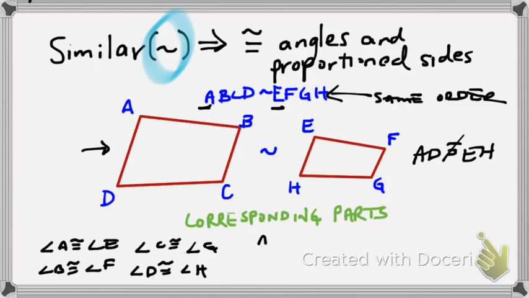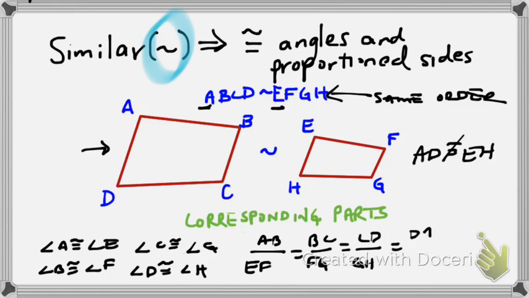You might have AB over EF is equal to BC over FG, which is equal to CD over GH, which is equal to DA over HE.